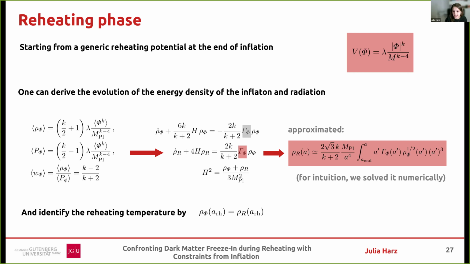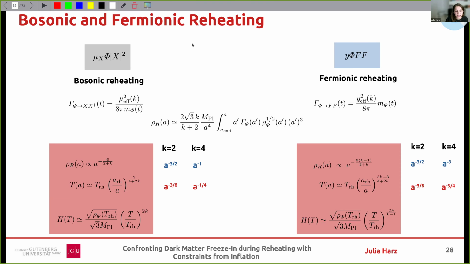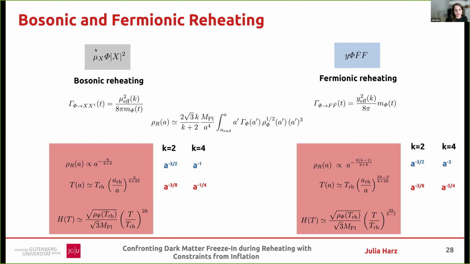What is now interesting is that depending on the potential, and depending on whether I have fermionic or bosonic reheating, the evolution of the inflaton energy density and the radiation density changes. And this we see here. So as I said, I have the possibility of bosonic reheating. Then, for instance, this goes with the inverse inflaton mass.